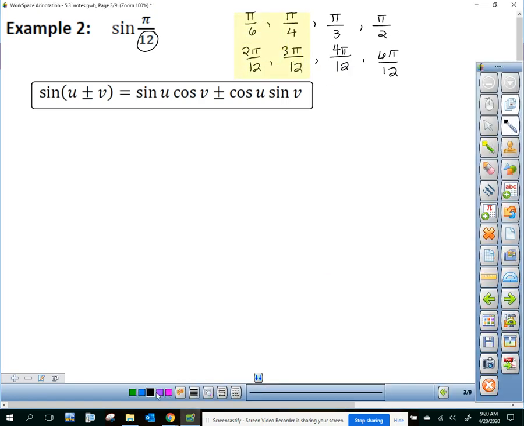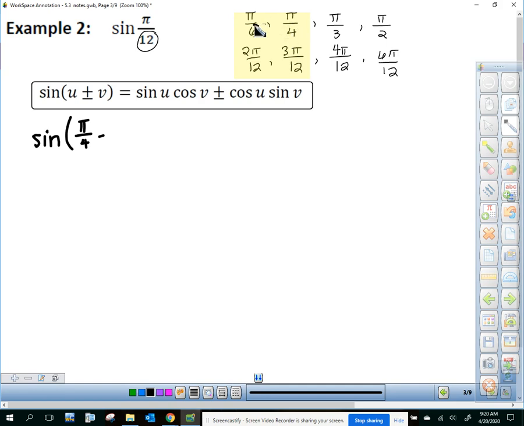Okay, so this is going to be my u and v. So I'm going to say sine, and I'm not going to write it in 12ths because I don't know it in 12ths. I know it here in pi 6ths and pi 4ths, but it's going to be the pi 4ths angle minus the pi 6th angle, the 2 pi 12ths. Okay, so that's what I'm using.